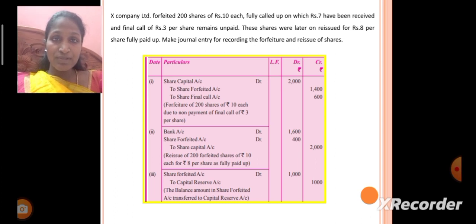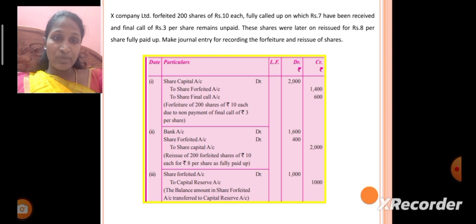It is known as fully reissue of shares. The second case is if the company forfeited 200 shares but has reissued only 100 or maybe 150, any number less than 200 shares, it is referred to as partly reissue of shares. So let's move on to the entries.